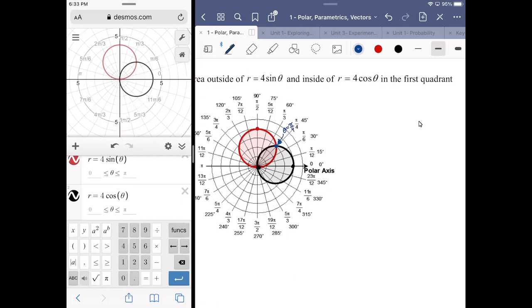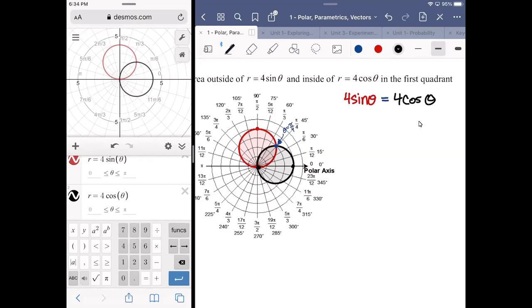I mean, am I really going to take the chance that just because it looks like it's pi over 4 that it really is? And if your answer to that is yes, perfectly fine, but I'm a little bit more particular when it comes to this sort of stuff. Personally, I can't let my A be hanging in the balance just because I'm going to eyeball it.